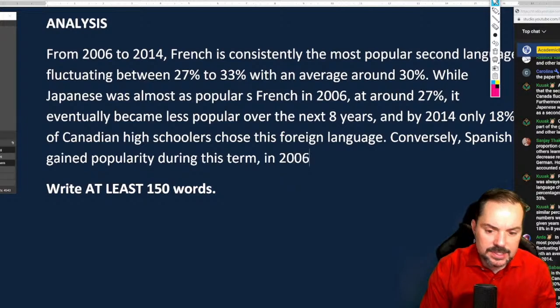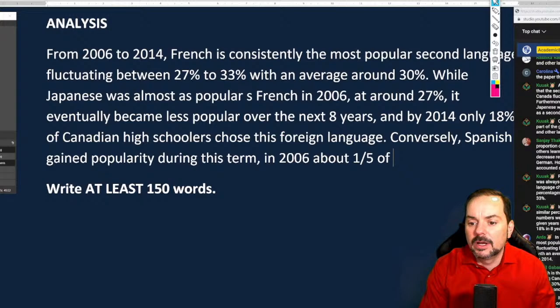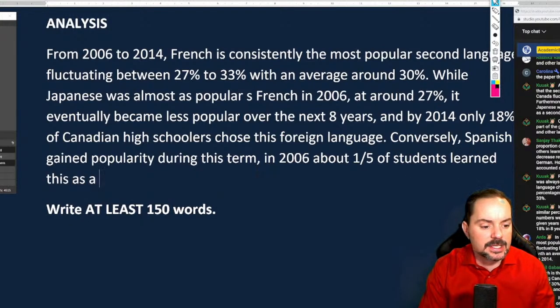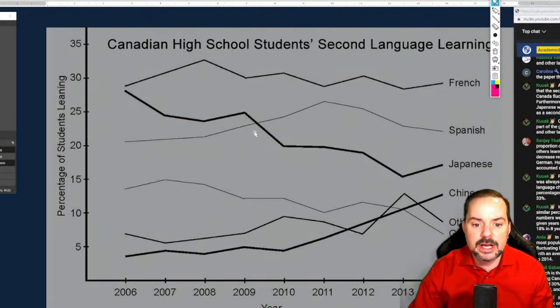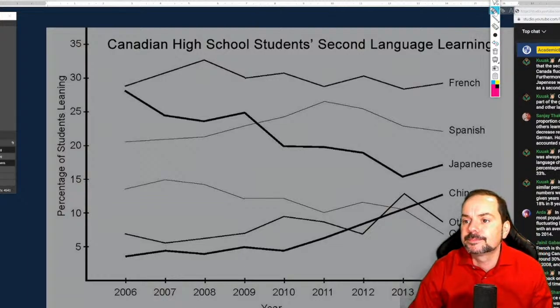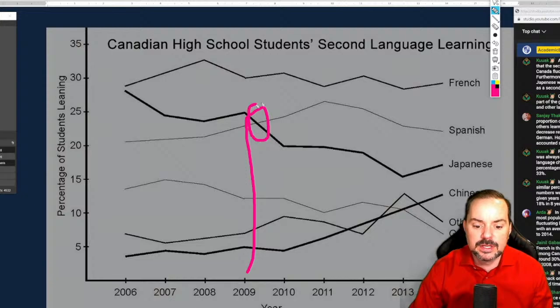In 2006, about 1/5 of students learned this as a second language. But by 2009, that's where we have this crossover, right? Where is it? It's right here, yeah. So around 2009, between 2009 and 2010.